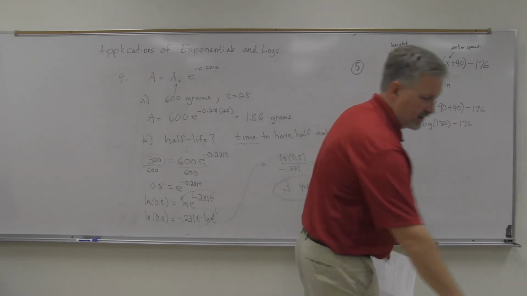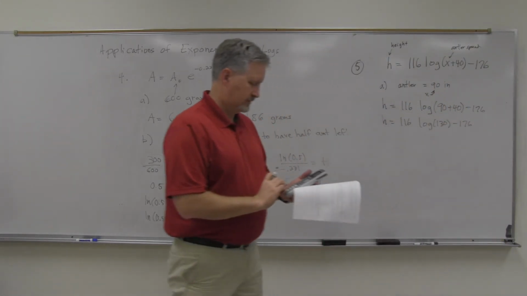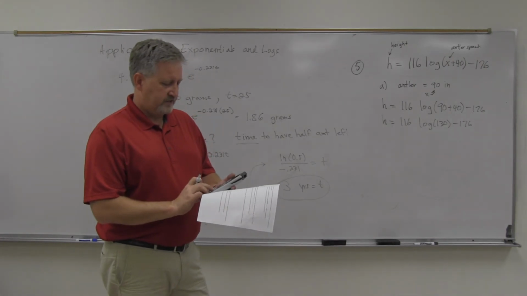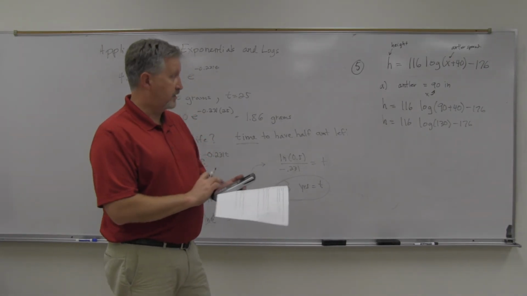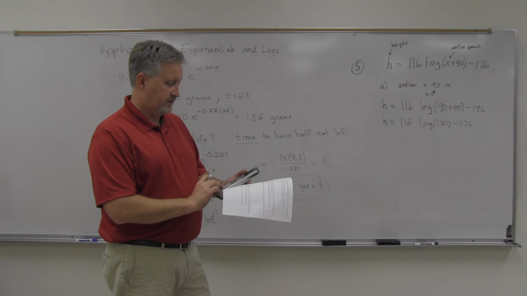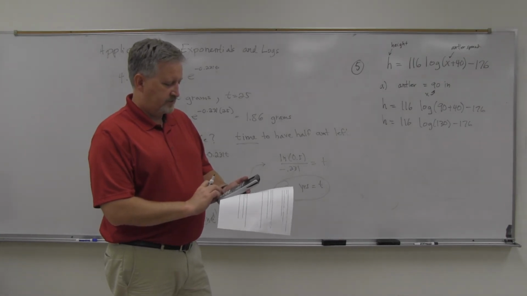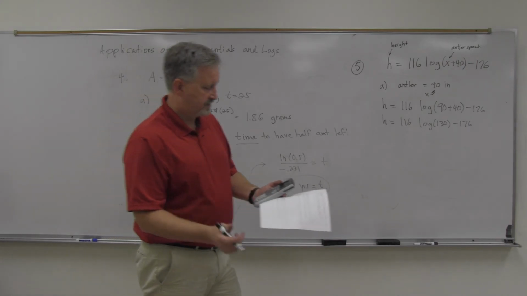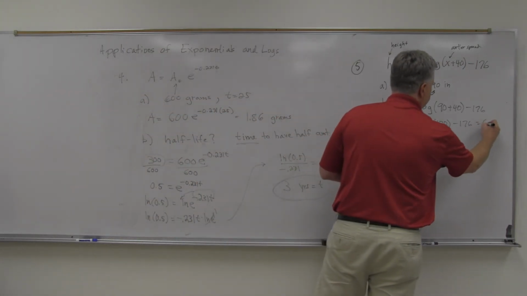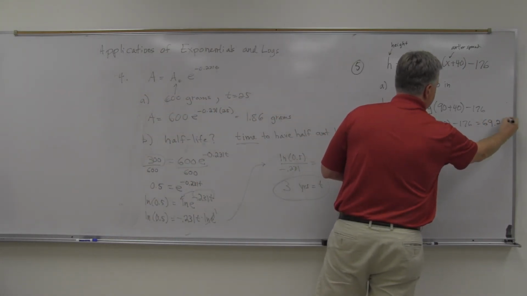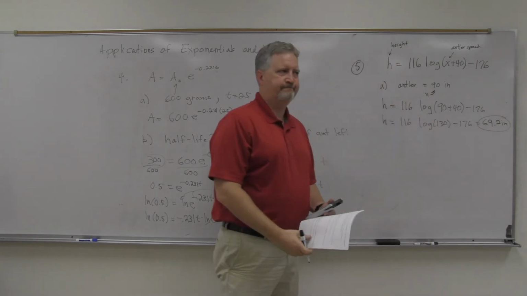If you punch it in your calculator, you've got it. 116 times the log. Now this is log base 10. You'd get a different answer if you use ln. 130 minus 176, 69.2 inches. So that was just plugging in.